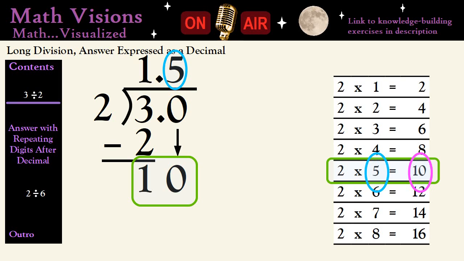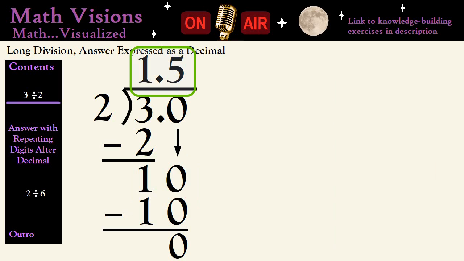Next, since 2 times 5 is 10, we write another 10 under the first instance of 10 and subtract. 10 minus itself is 0, and we write 0 under our instances of 10. Since we have no more digits left to work in our dividend, the answer to 3 divided by 2 in decimal form is 1.5, read as 1 5/10.